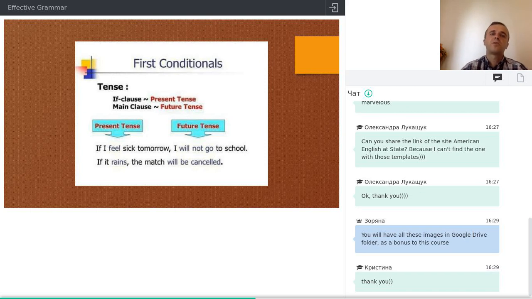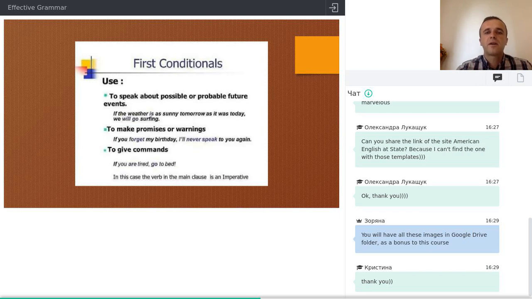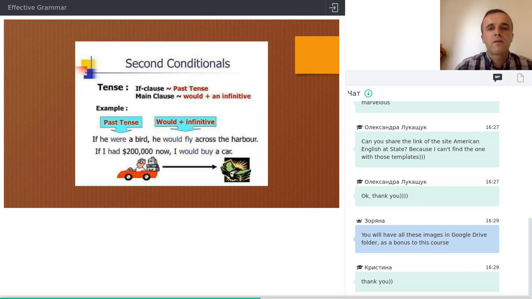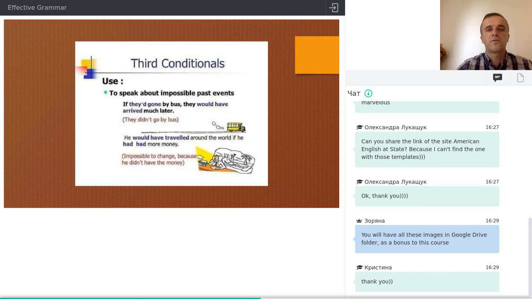So one of my favorite topics is conditionals, and there are lots of materials on conditionals on the internet, and lots of tenses. But my favorite templates are these ones, because they are really succinct and brief, and you see that they give us a lot of functions and a lot of examples.